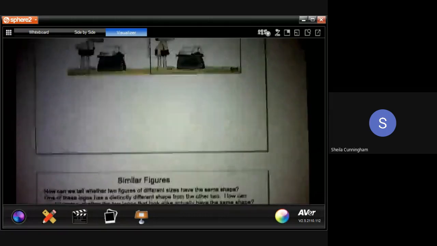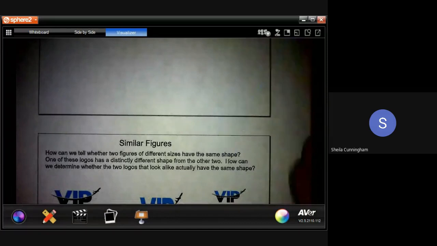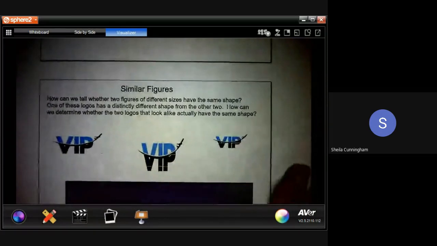So first off, let's take a look at just the idea of what does similar mean? So typically when we think similar, we think, oh, they're gonna look the same. They're similar. Typically when I say, oh, these two dogs are similar, they might look almost equal or look the same. Well, we can take that same idea for any kind of shape that we're looking at if we're talking about a similar figure.